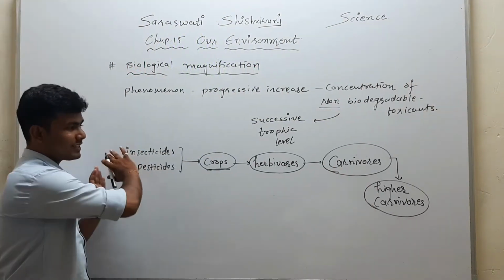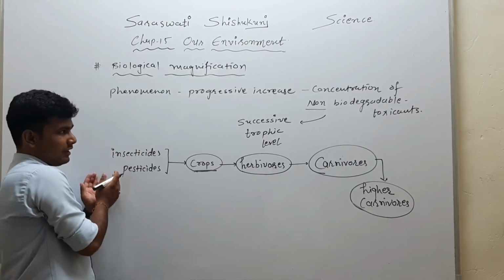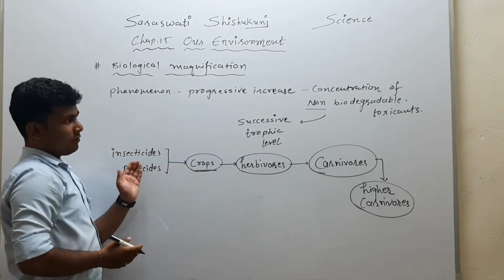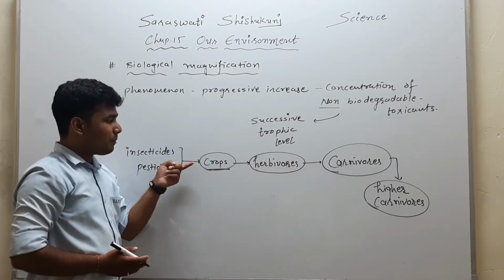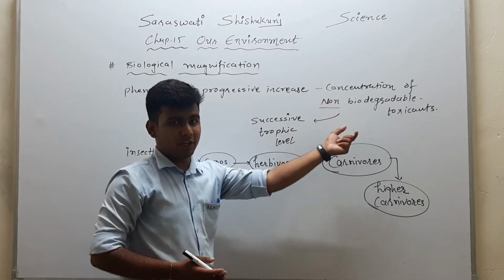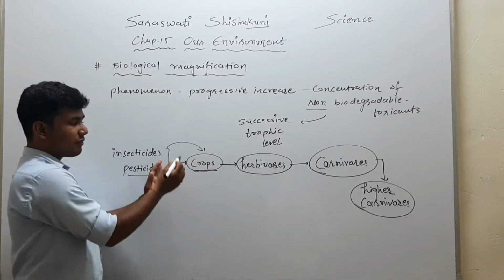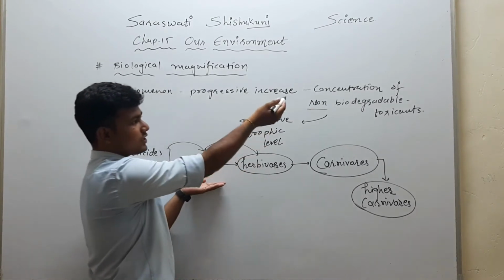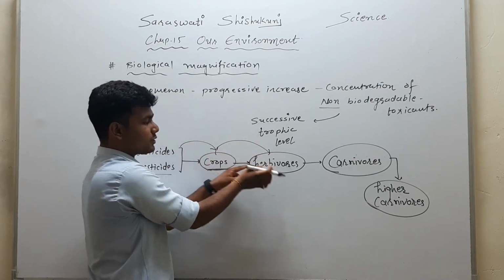Now see, this is the phenomenon in which, as we move to successive trophic levels, there is a progressive increase in the concentration of the non-biodegradable toxicants. The toxicants are added into crops. From the crops, as we move to the next successive trophic level, the concentration of non-biodegradable toxicants will increase in herbivores.